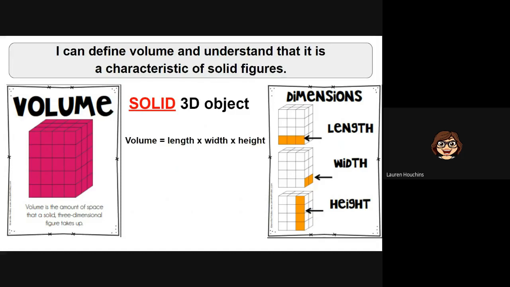So our formula for volume is length times width times height. If you notice, it is almost the exact same as area, except you're adding in the height factor because it is 3-dimensional. You will see it written as volume equals L times W times H.